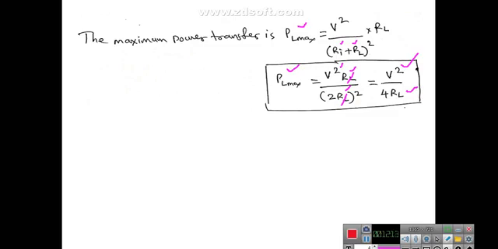You just have to find the value of RL. How can you find it? By finding the internal resistance of the network. This is the maximum power transfer condition.